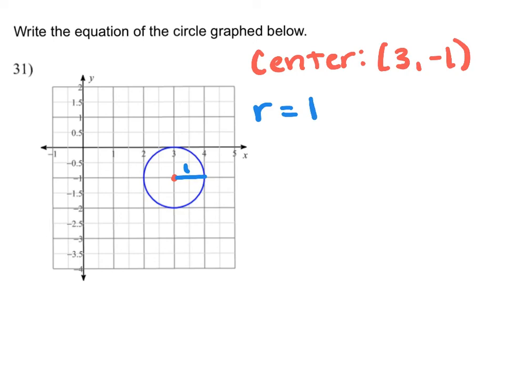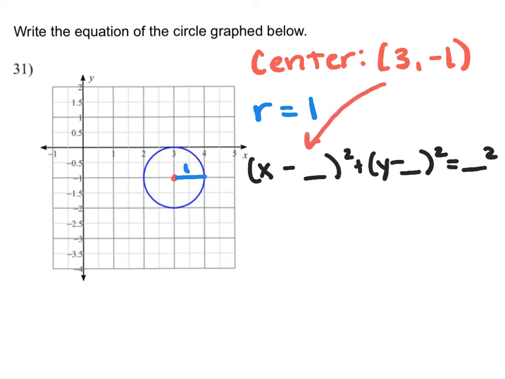So if I set up my equation with the blanks, I can first fill in the x coordinate, which is 3, the y coordinate, which is negative 1, and then my radius fills into the last blank, which is 1.